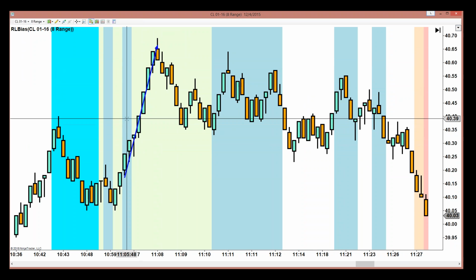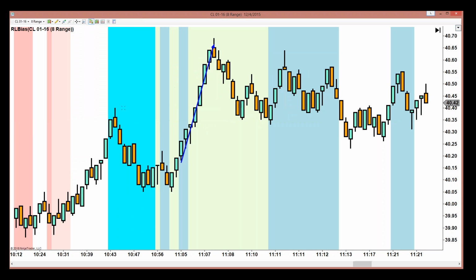The blue has another meaning. It's a little bit of a weaker up bias, but it's also predicting that price is going to move higher on your trading chart. And this is also a very strong predictor of price movement to the upside.